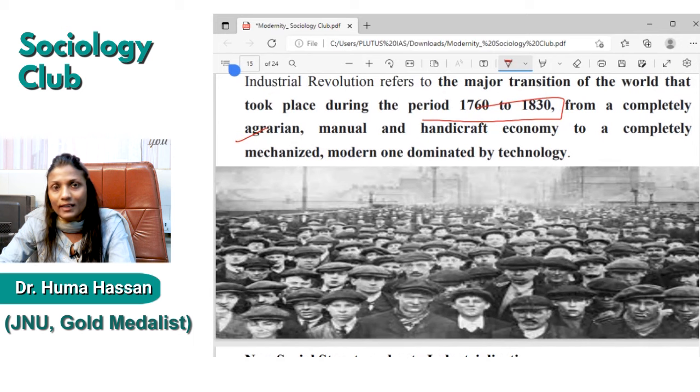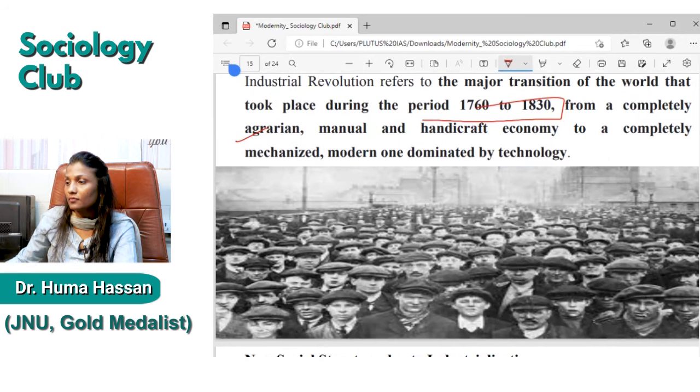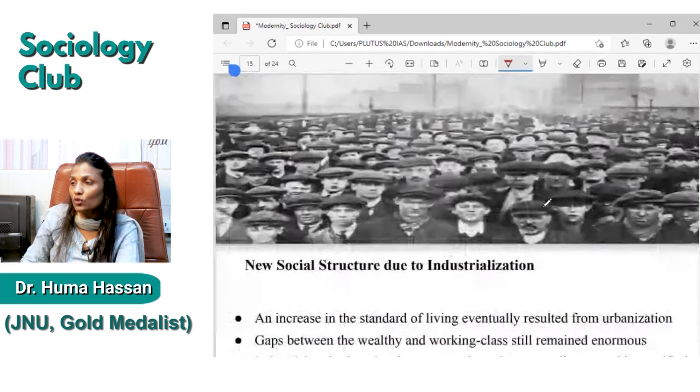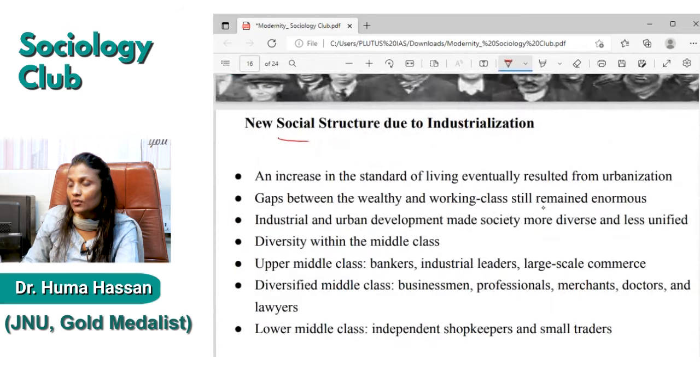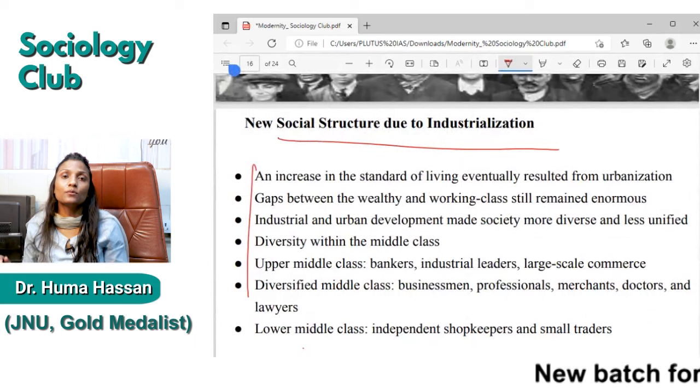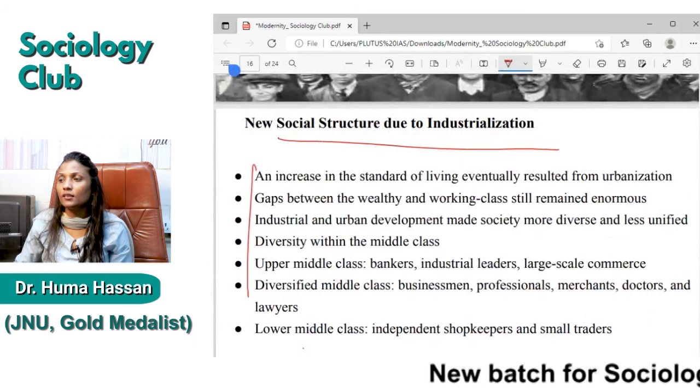It was not that speedy, but after Industrial Revolution, the changes were drastic and rapid, and no aspect of our society remained unimpacted. Every aspect of our life got impacted. And this is the new social structure due to industrialization: city life, lower middle class, slum conditions, poverty.